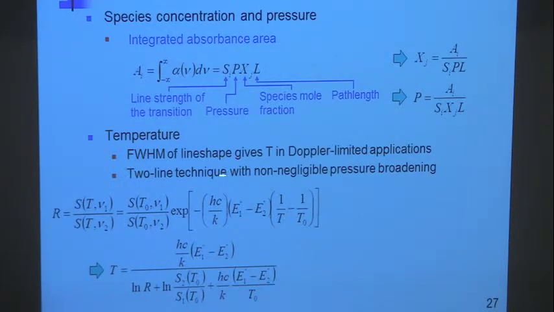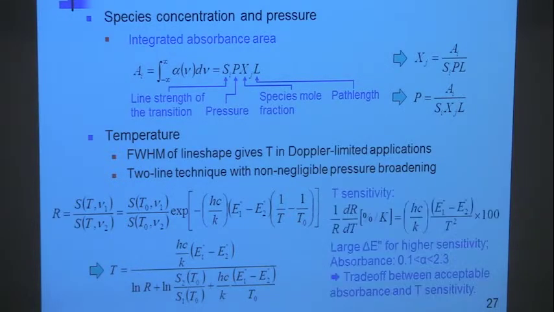But the best way to get temperature is to look at the ratio of absorption in two different lines. We take the integrated area that we get by integrating the absorbance over the line, divide it by that for another line, write this as a function of T, and you can solve for T. And when you do this, you can measure T very accurately.